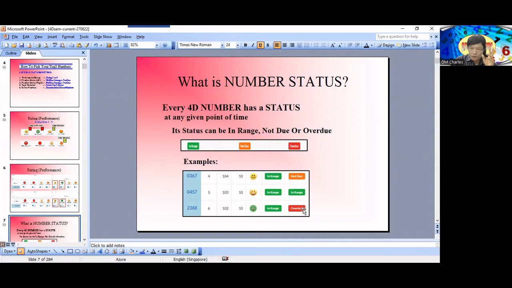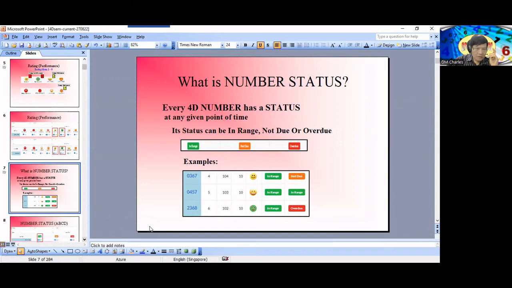They are not so consistent. But for all prices, you look for in range first. Then top 3, whether it's not due, in range or overdue, that depends on your own study. You can study the history and find out for top 3 which is the best. Then you select that one.